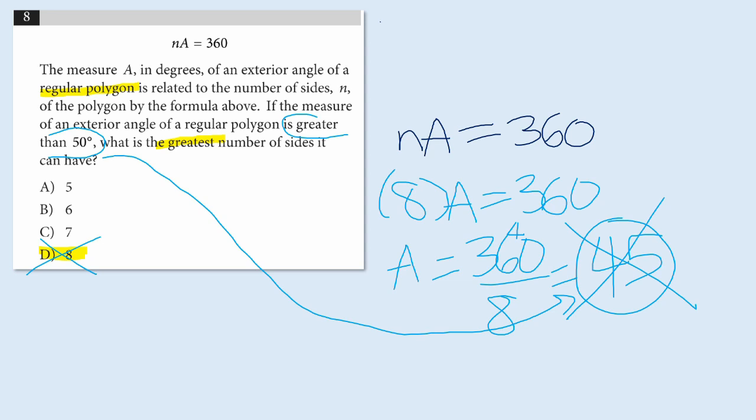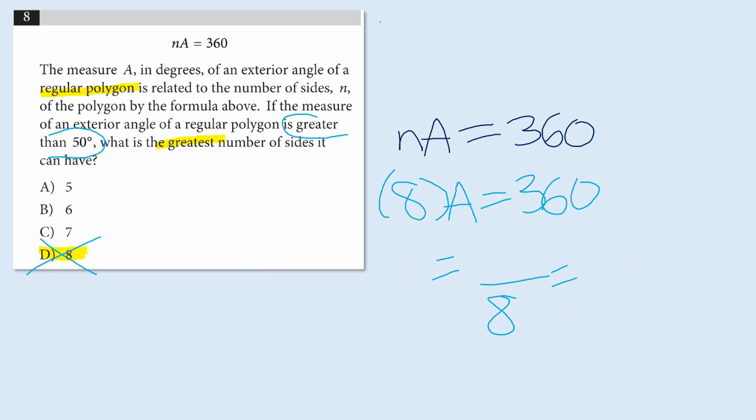Okay, so then the strategy says start with the largest, and if that doesn't work, start with the next largest. Okay, so 8 didn't work, so now I'm going to work with the next largest value, which is going to be what? 7.